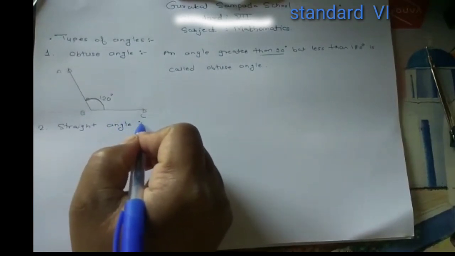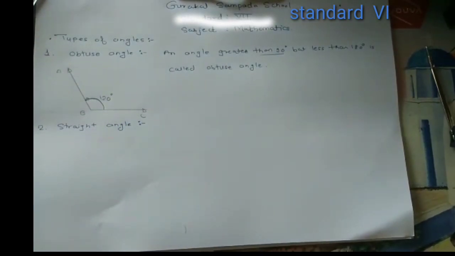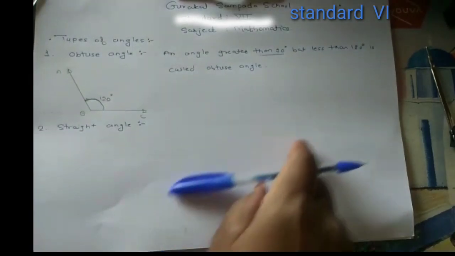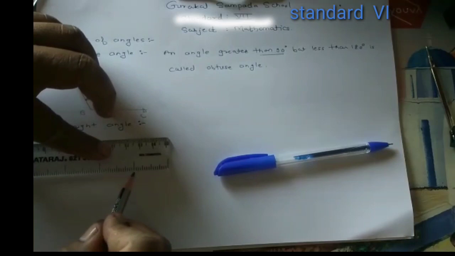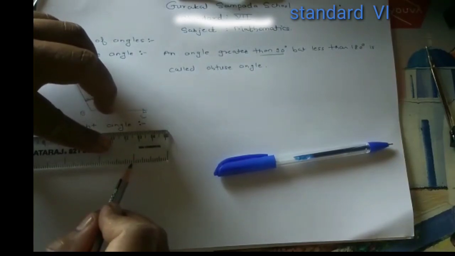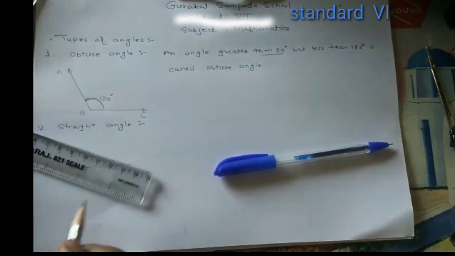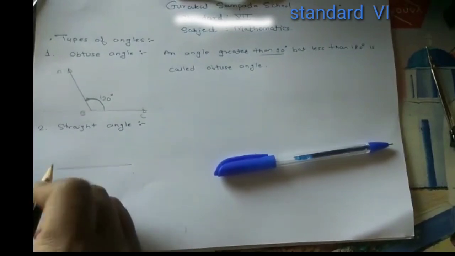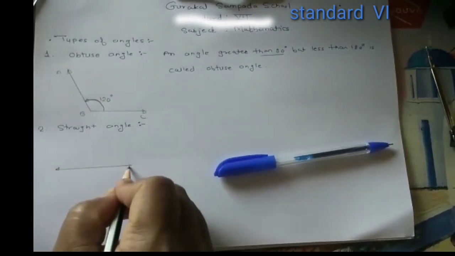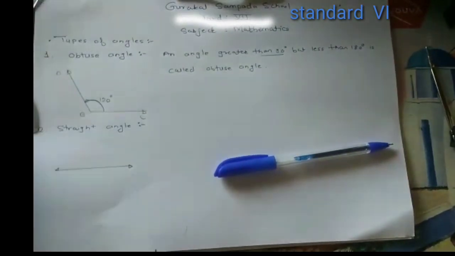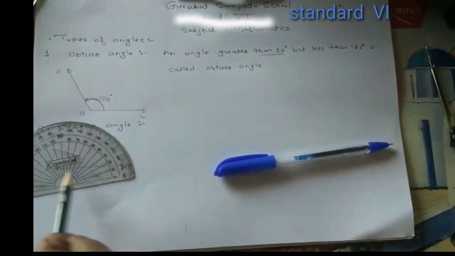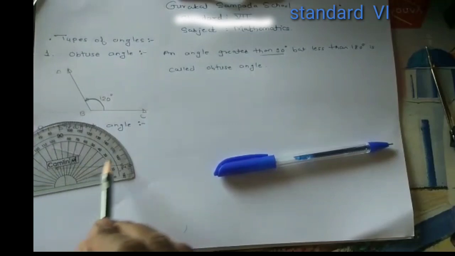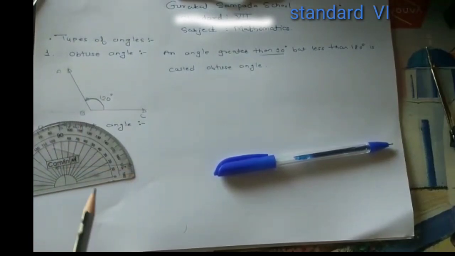Now next we are going to study the straight angle. What is a straight angle? First I draw a simple line. We know that we always measure the angle in the anti-clockwise direction, that is opposite to the direction of rotation of the minute hand.